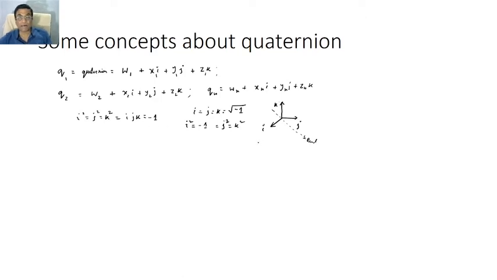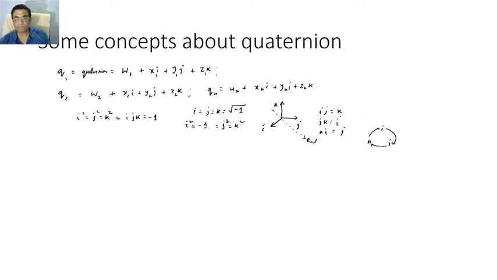Now, since they are a right-handed coordinate system, ij equals k. Similarly, I can write it down so that I will not make any mistake: ij gives you k, jk gives you i, and ki gives you j.